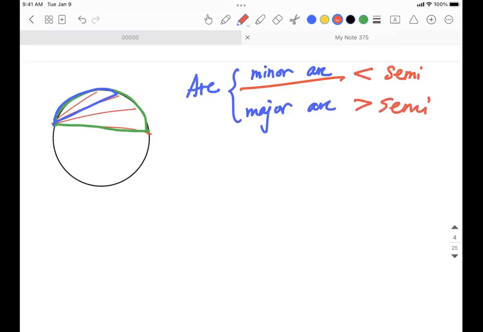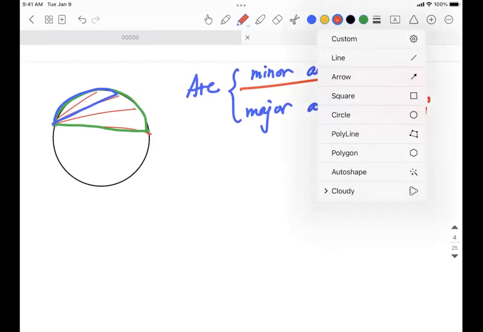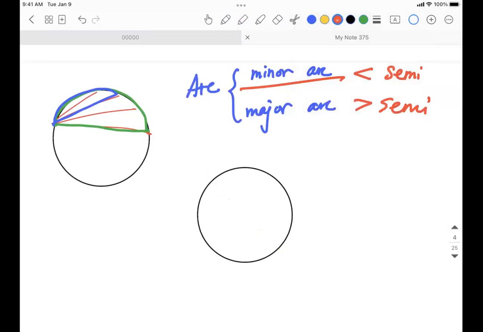I'll give you an example. Let's say I have a circle, and in the circle I have two points, A and B. Most of the time when we talk about arc AB, it's always the minor arc, the one that goes like this. Without specific explanation, that's basically what we mean. But alternatively, we also have such an arc. This is also arc AB.